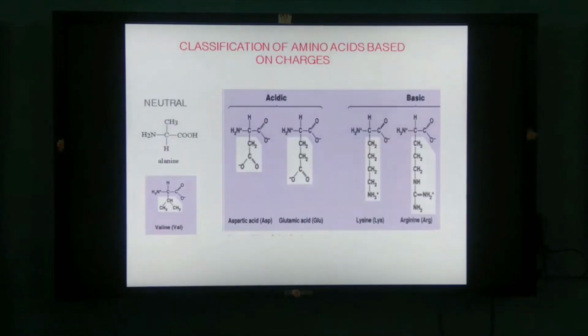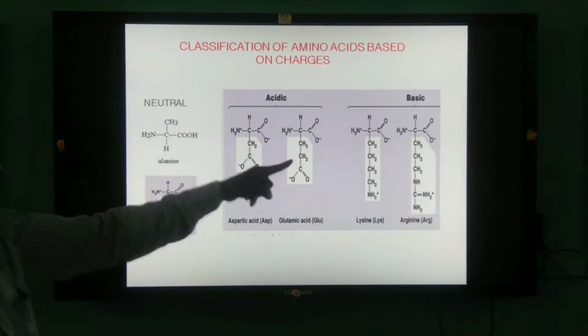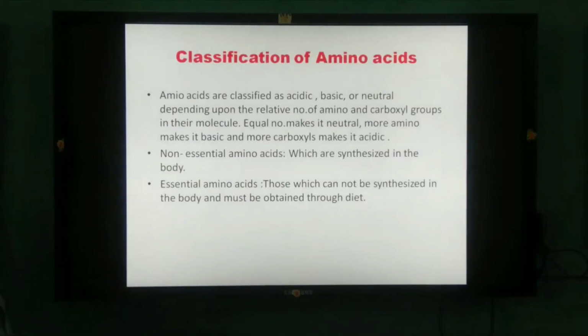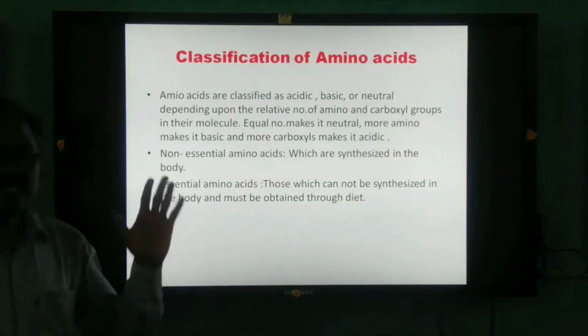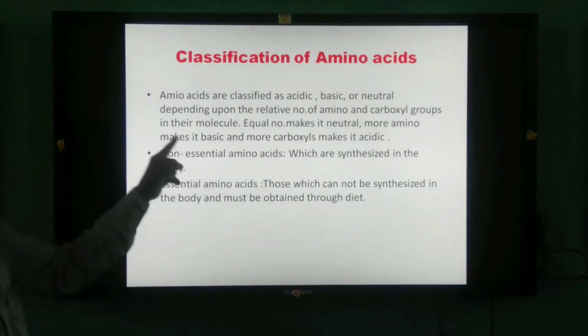Of course, the classification of amino acids is based on their charges. Neutral means no charge, then acidic and basic. These are some examples of different amino acids. Classification of amino acids as acidic, basic and neutral depends on the relative number of amino and carboxyl groups in a molecule.